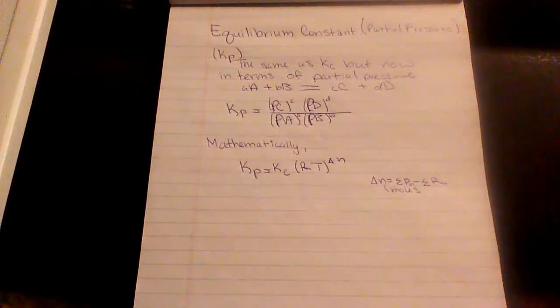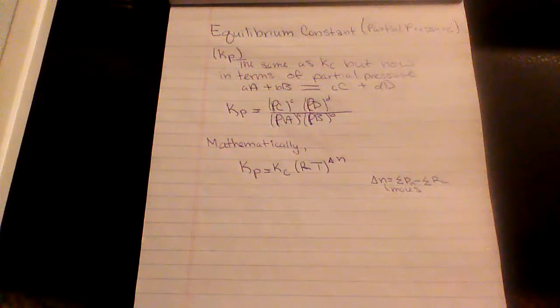Here we're still talking about the equilibrium constant, but now in terms of partial pressure. Instead of looking at it in terms of concentration, which is molarity, moles per liter, we're looking at partial pressure, which is in atmospheres. It's essentially the same thing: the partial pressure of the products over the partial pressure of the reactants.